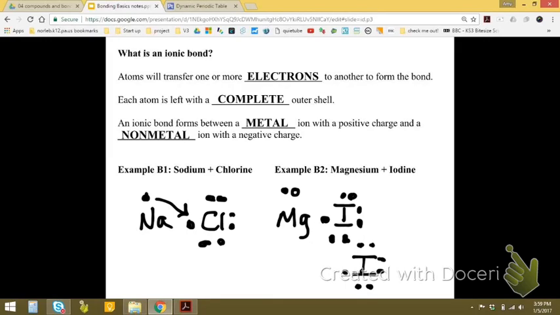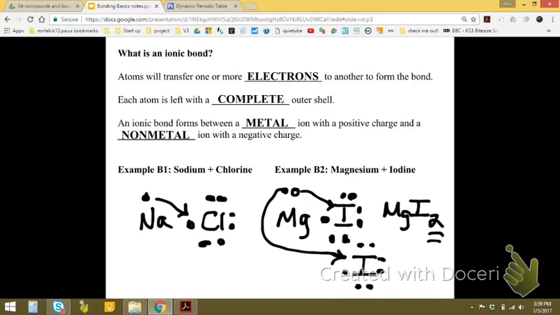So we'll find 1 electron goes to this iodine and 1 electron goes to this iodine. So that gives you an idea of the final formula being magnesium, iodine, which would have 2 iodine atoms.